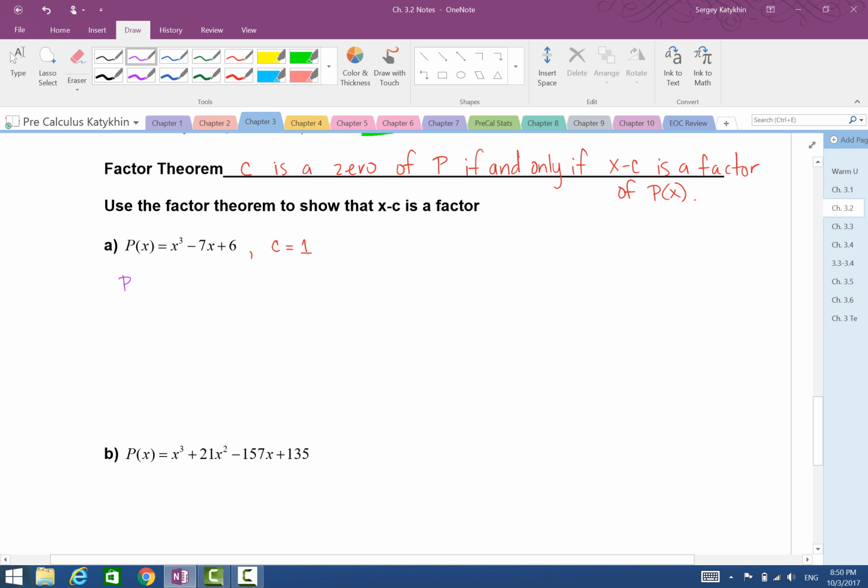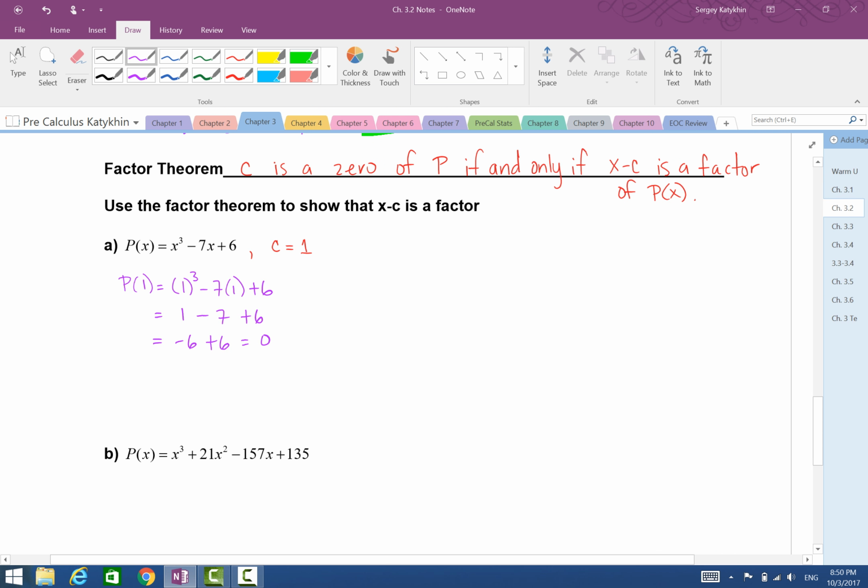P of 1 is equal to, in our case, we're replacing x with 1, so that'll be 1 cubed minus 7 times 1 plus 6. As you can see, we get 1 minus 7 plus 6. And last but not least, we get negative 6 plus 6, which is equal to 0.